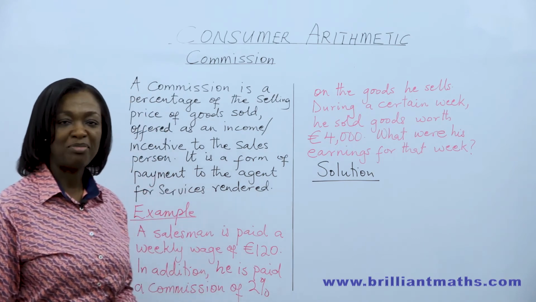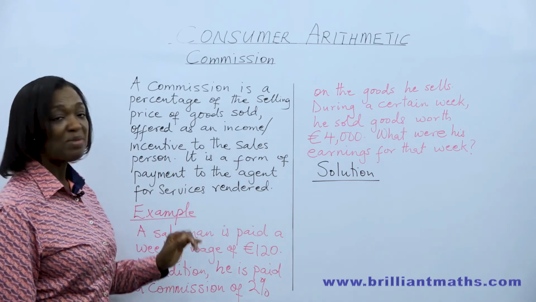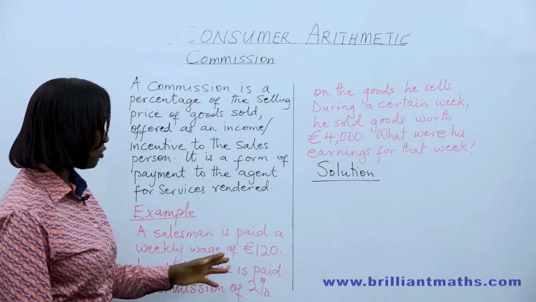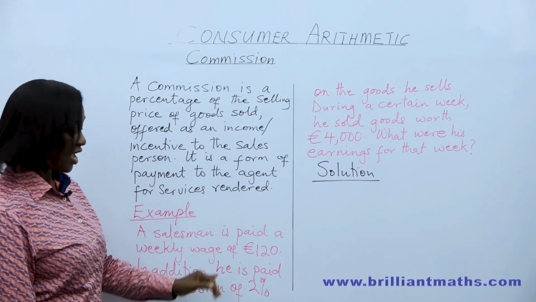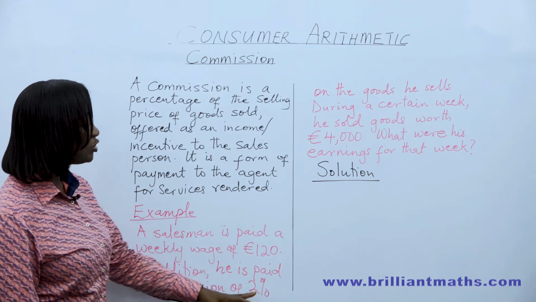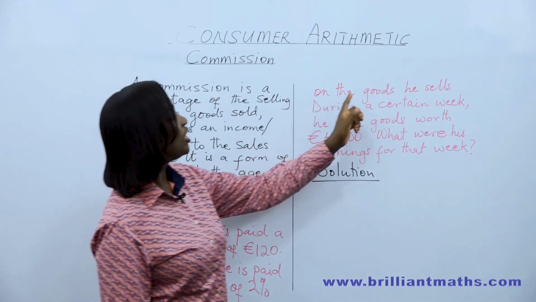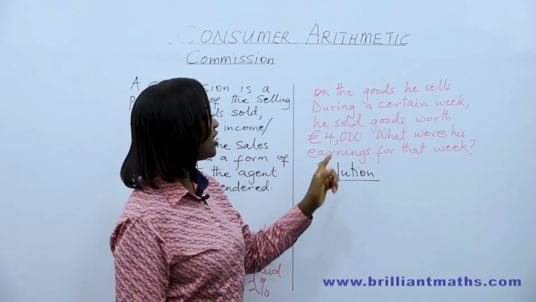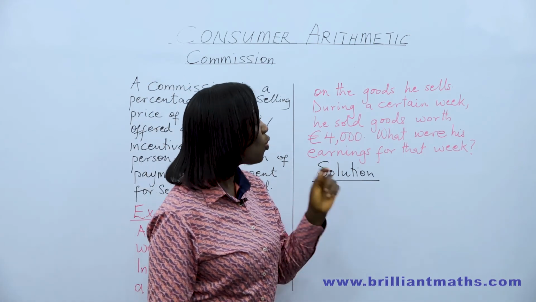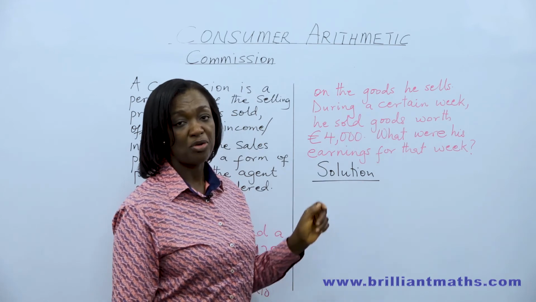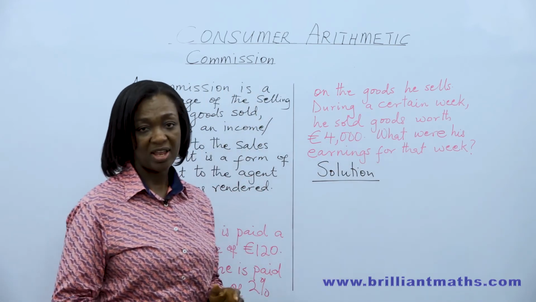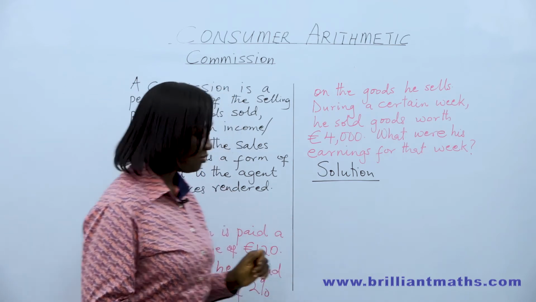Let's look at this example. A salesman is paid a weekly wage of 120 euro. In addition, he is paid a commission of 2% on the goods he sells. During a certain week, he sold goods worth 4,000 euro. What were his earnings for that week? Let's take note of the terms.